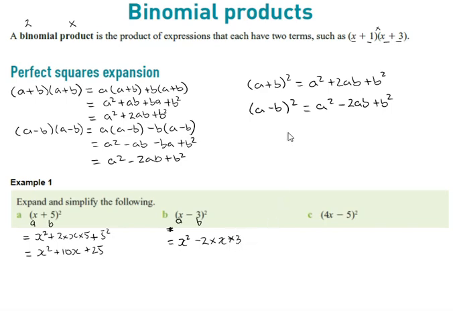And on the end, I'm going to have a minus 3 squared. So it'll look like this: x squared minus 6x, since 2 times 3 is 6 with an x, and then minus 3 squared is plus 9.